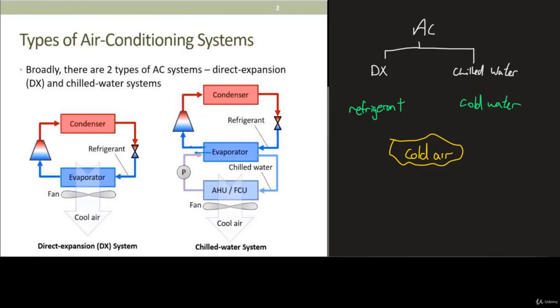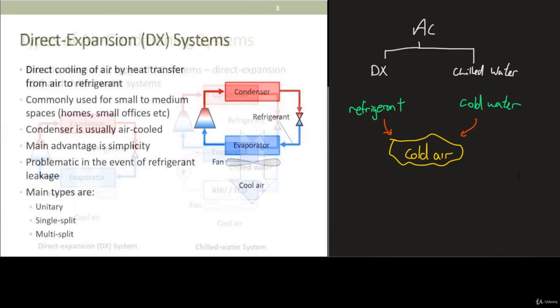So the cooling agent in this case is the chilled water. And of course, how does the water get cooled down? That is by the refrigerant. So you can see that there's an additional loop. If you look at the schematic, there's an additional loop, and that loop is called the water loop. Later we will look into details of these two types of air conditioning system.